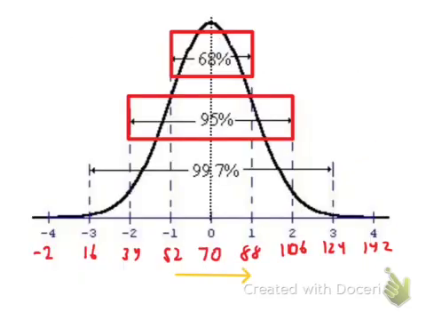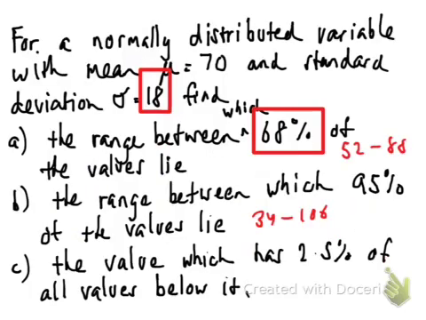So if we go back to here, that's our 2.5% there, those 2 sections there and there. So that would be less than 34. Okay, so the value below which has 2.5% of all values below it would be 34.